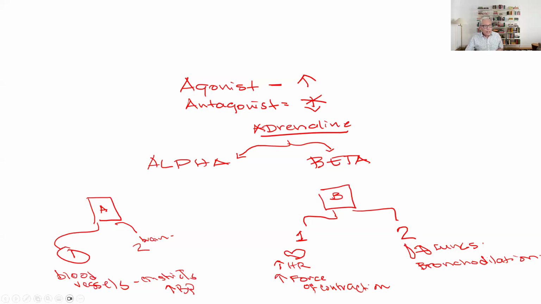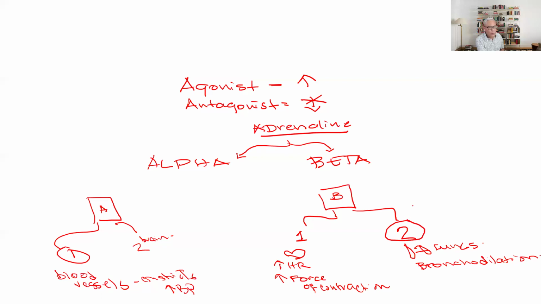All right, this lays the foundation of the understanding of your beta agonist that we're going to be using in patients who have respiratory distress. Okay? So whenever you are giving drugs, you want to have an increase of your beta 2 effects.